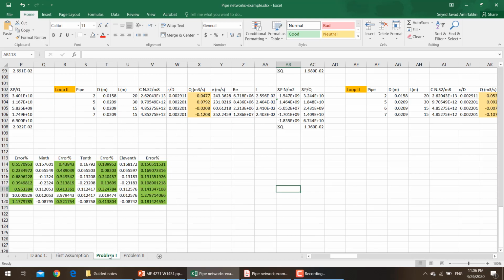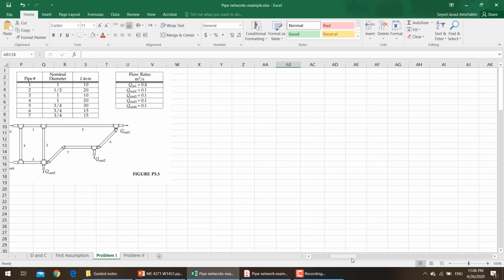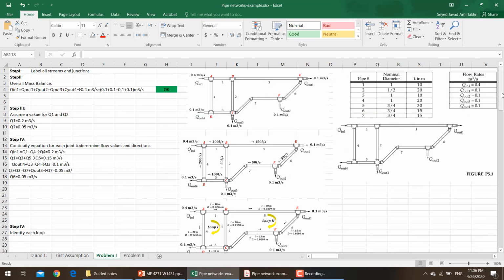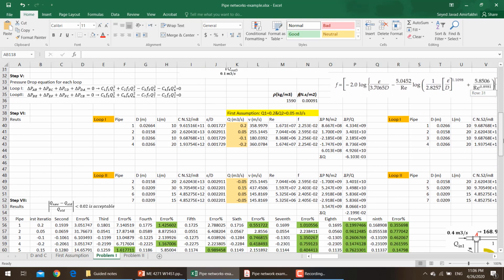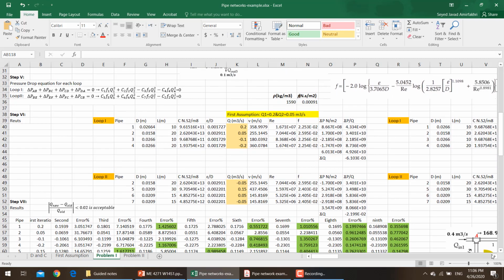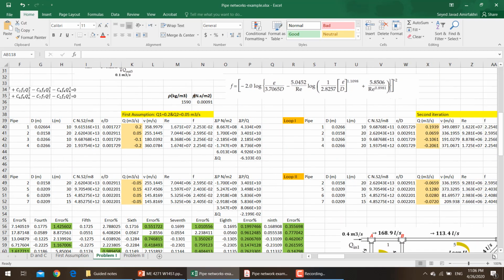So let's scroll up. Look, guys, this is the first assumption, and now you found the delta Q. So by having the delta Q, you can set the second iteration. How? For the second iteration, Q new equals Q old plus delta Q.